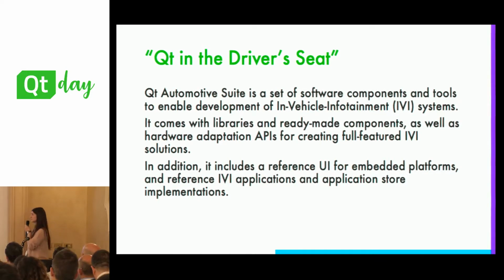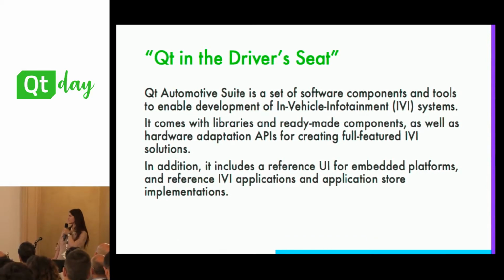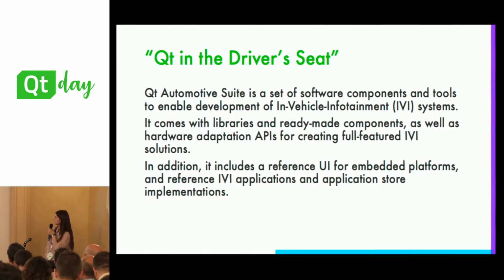And also, in addition, it includes Neptune UI, which is a reference UI for embedded platforms for cars, basically. And it includes example applications and also an application store where you can download other third-party applications.